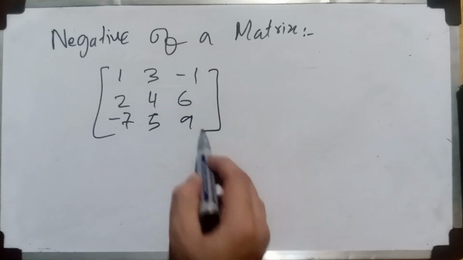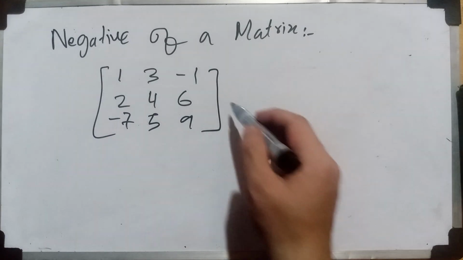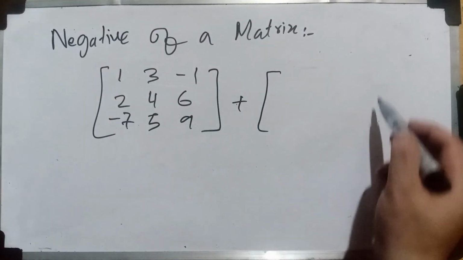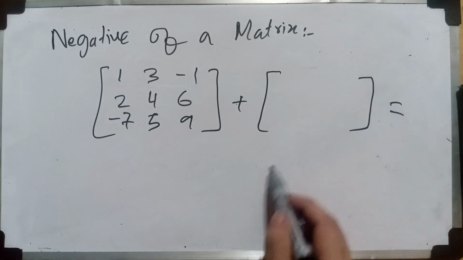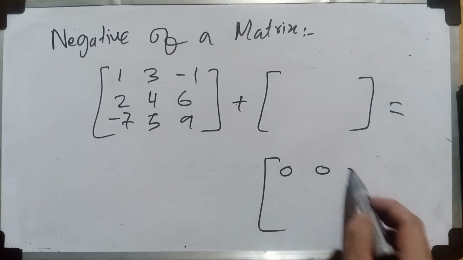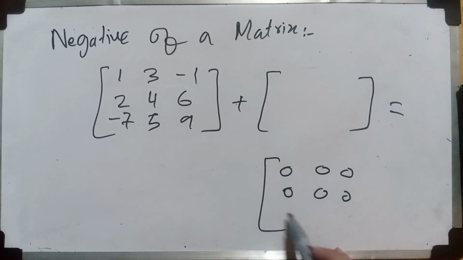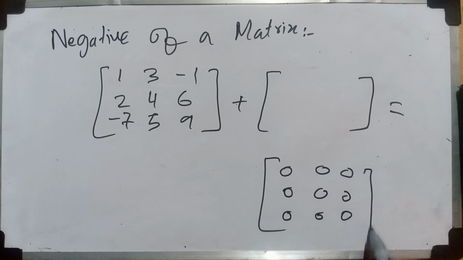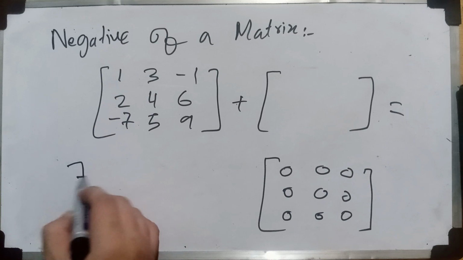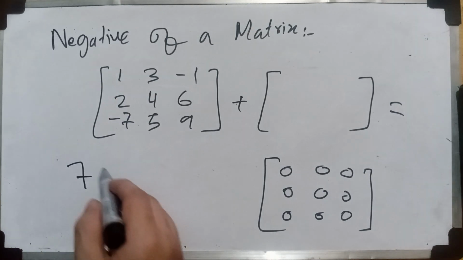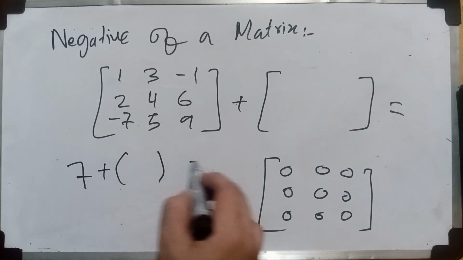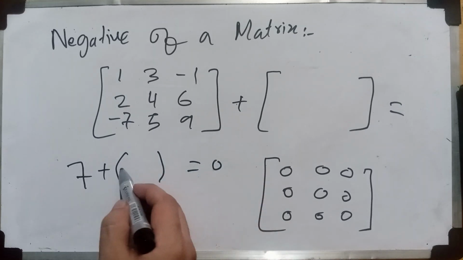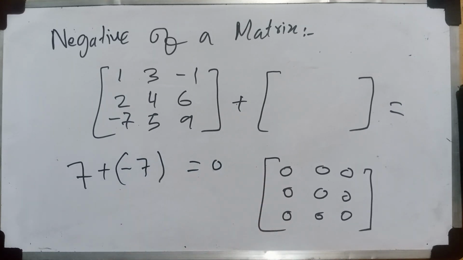What should we add here that will convert this matrix into a null matrix with all zeros? If you remember basic addition, let's suppose I have the number 7. What should I add to 7 that will make it 0? Well, I know everyone is smart enough. If I add -7 here, it will convert it into a 0.